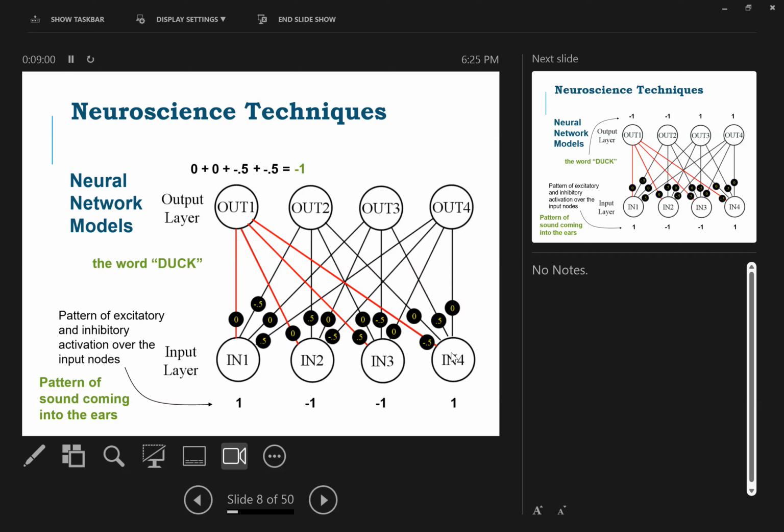So if input 4 is firing above a baseline and it has an inhibitory impact on output 1, the net effect on output 1 is what? Inhibitory. How do we know that input 4 is above baseline? Is there a 1 underneath? Yes, because it's positive at the bottom. Okay, and what do the bottom numbers represent? Bottom numbers represent the state of the input neurons.